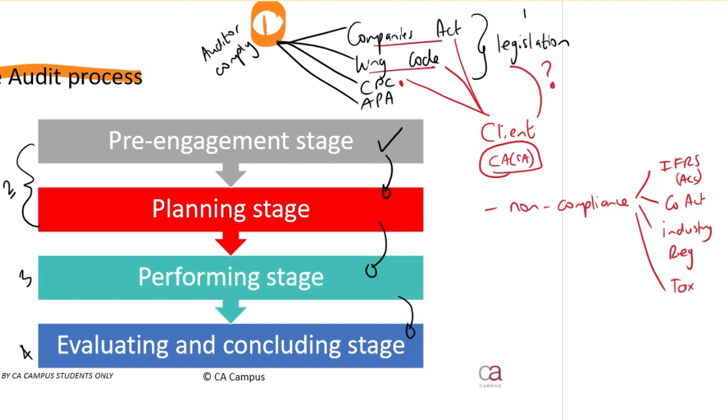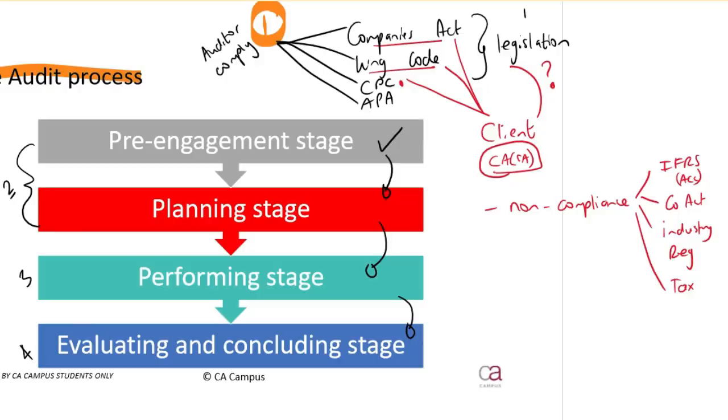So guys, now I'm not just going to leave the audit process as these 4 stages and we move on to pre-engagement. I want us to discuss this audit process so that we've got a very good understanding of what auditing is before we just jump into the specific standards and sections.